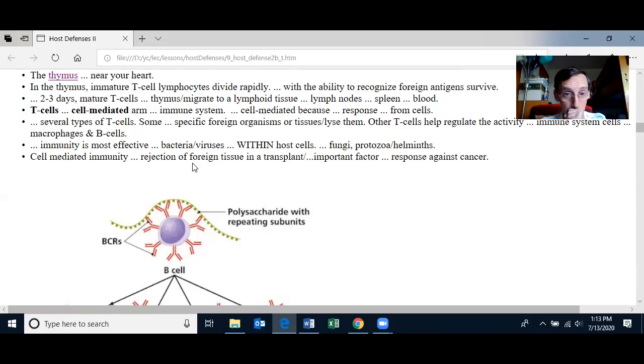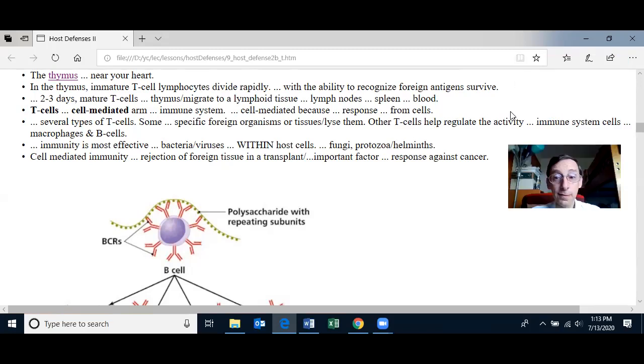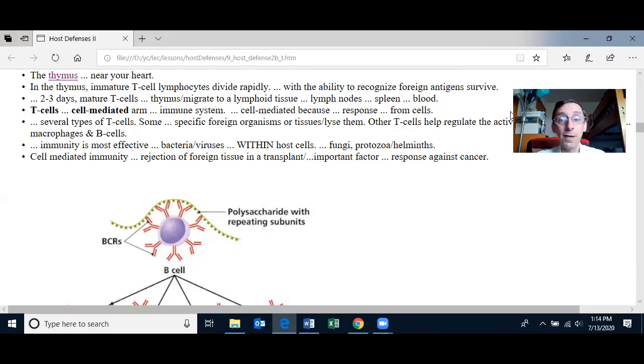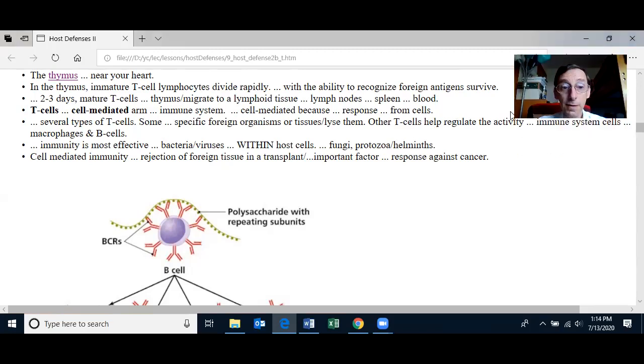And besides having T cells that go out and attack cells that are invading our body or viruses that infect our cells, there are other T cells which really help activate the other cells of the immune response. And these T cells we call helper T cells. And they can activate white blood cells, especially the B cells, but also macrophages, and help them to fight off an infection. Okay? Any questions about any of that?